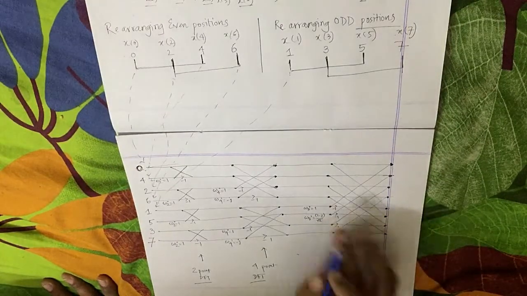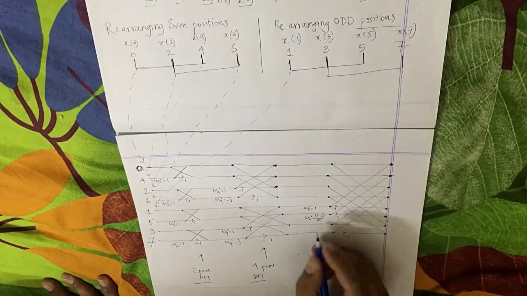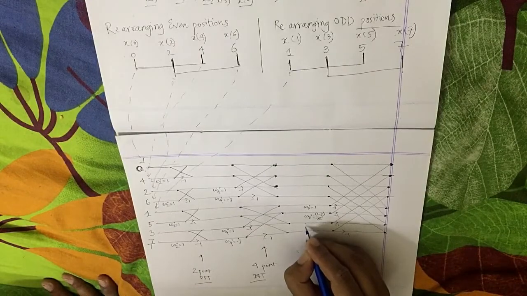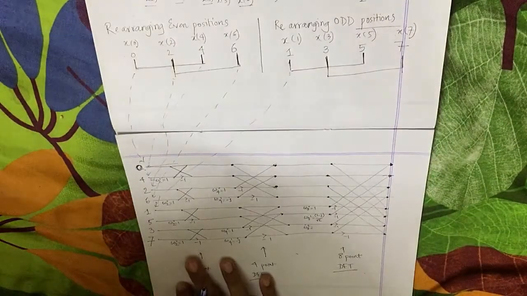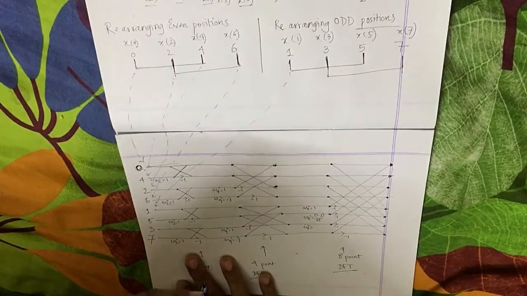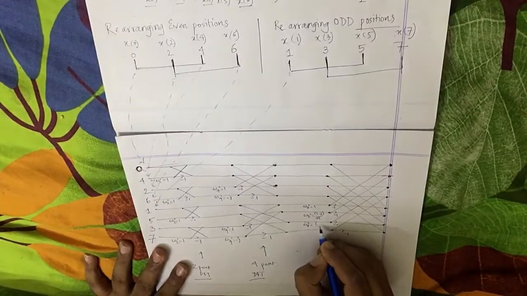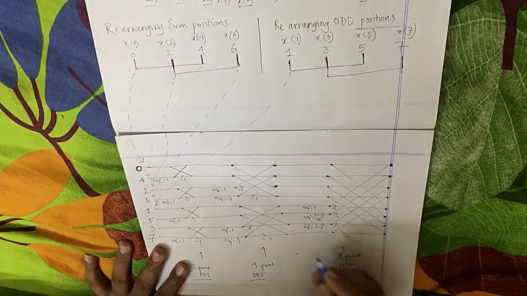Then in this line we have W8 to the power 2, that is minus j.